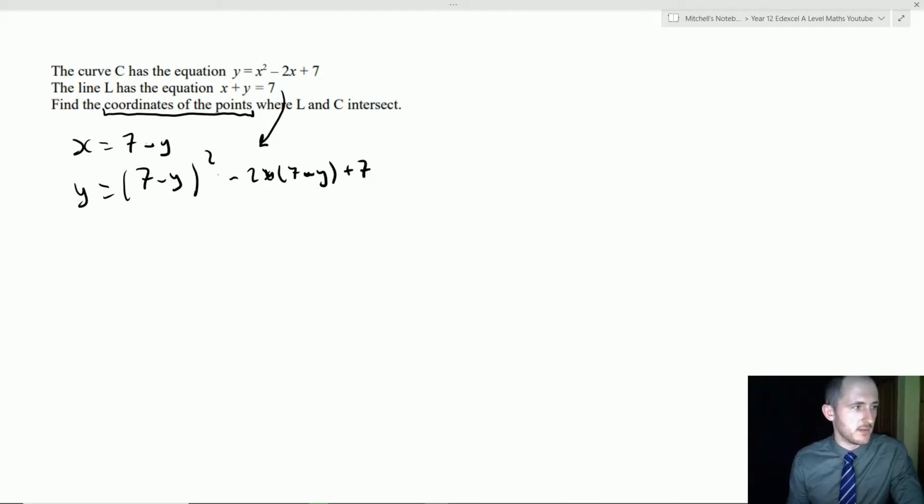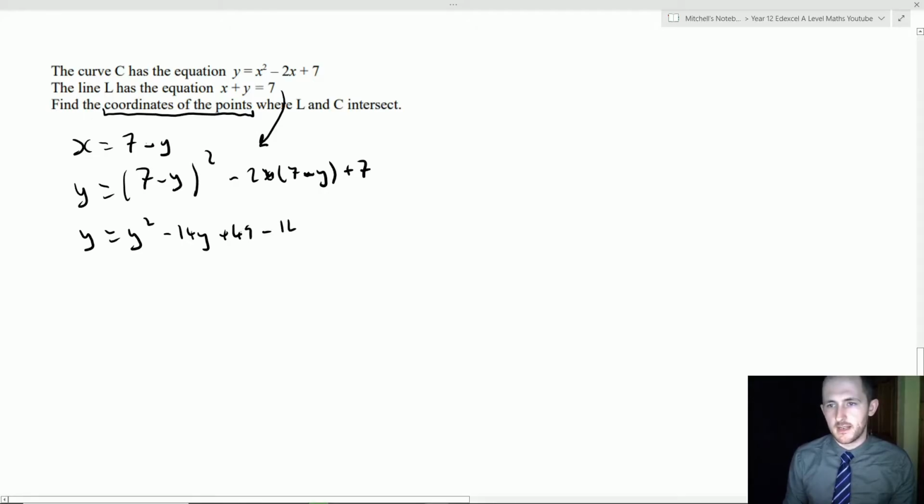So minus y times minus y is going to be y squared. Minus 7y is minus 14y. And 7 times 7 is 49. Okay, cool. Then we have minus 14. Minus 2 times minus y gives me plus 2y. Plus 7. Oh boy. And I want to move this y to the other side as well, okay?